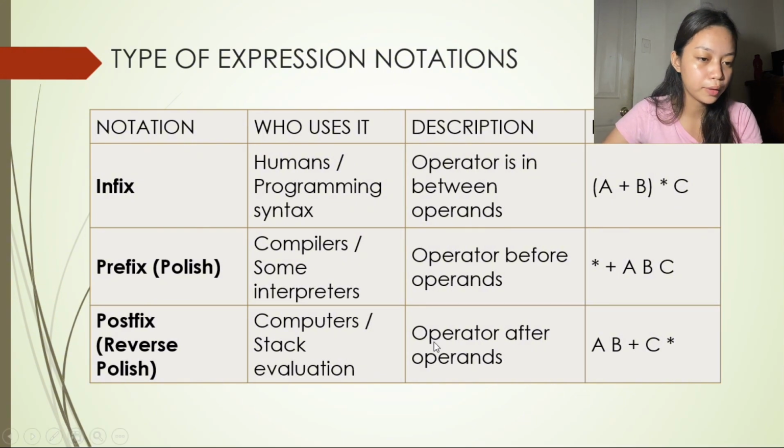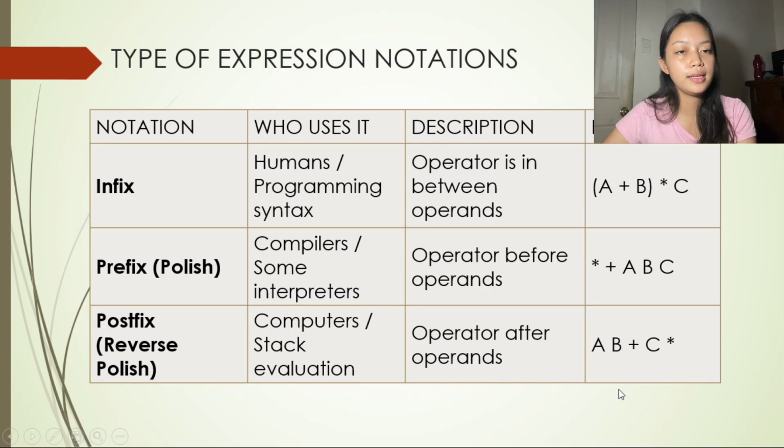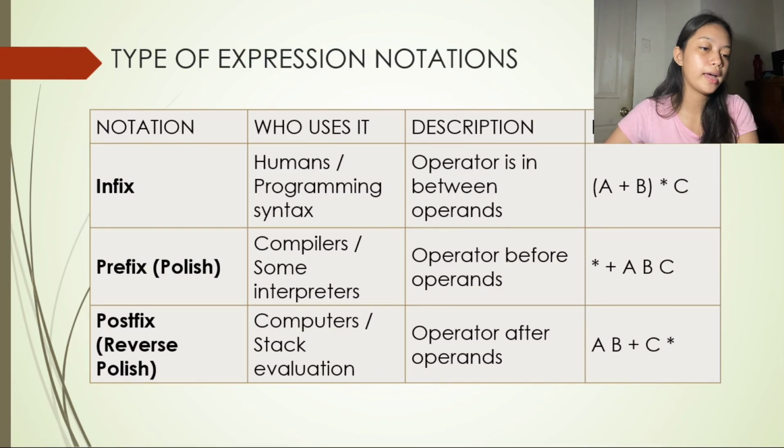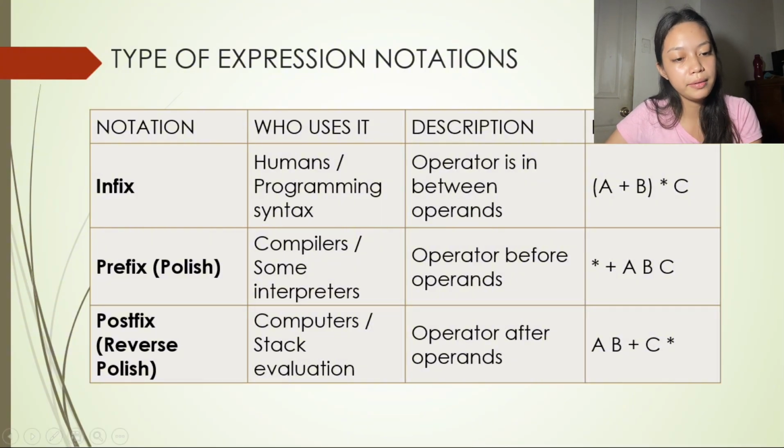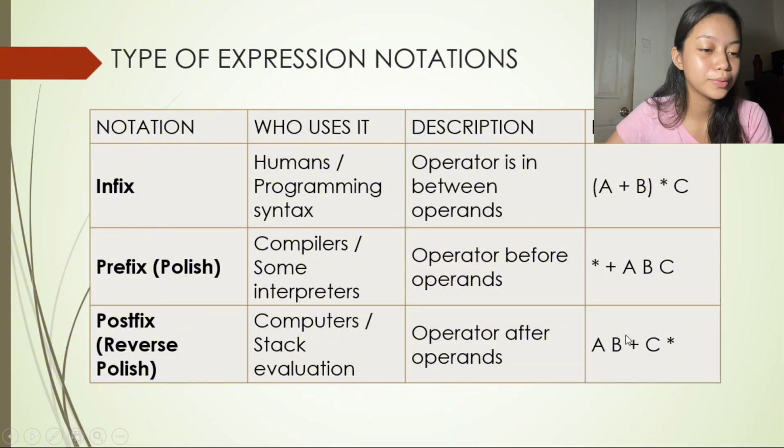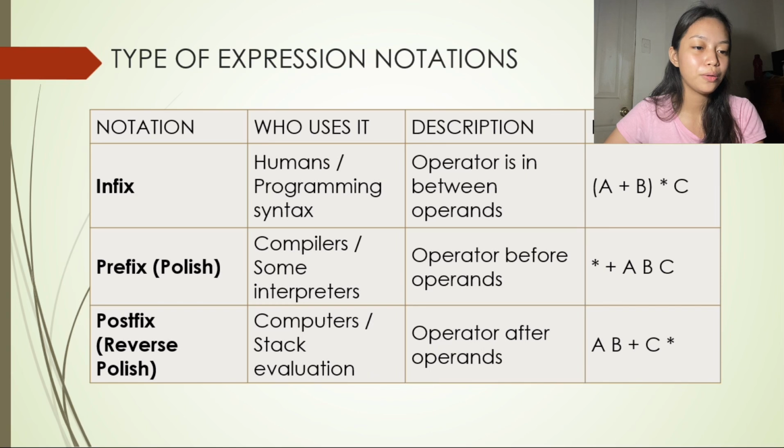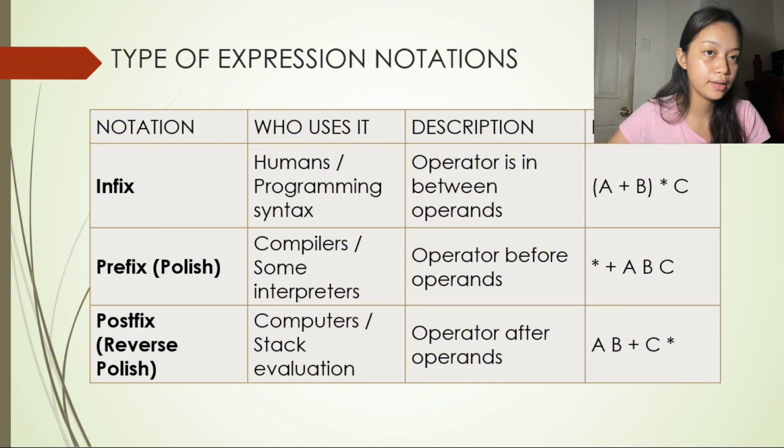Here is an example: A B plus C times, the multiplication symbol. As you can see, the two operands come first and then it is followed by an operator, the addition, and then the multiplication. The definition is that two or more operands come first, followed by an operator.